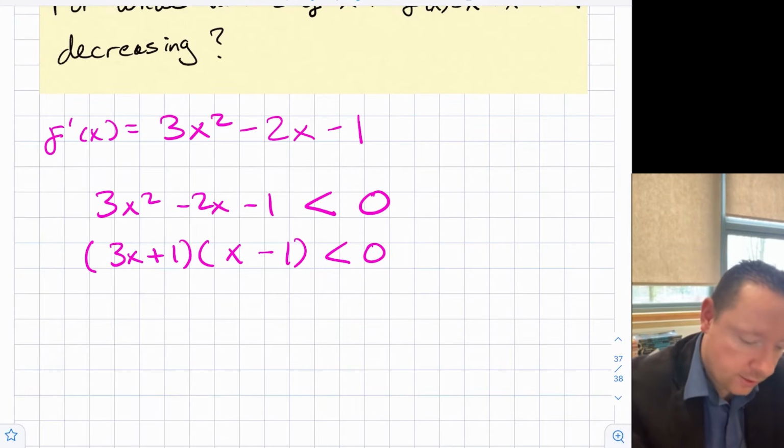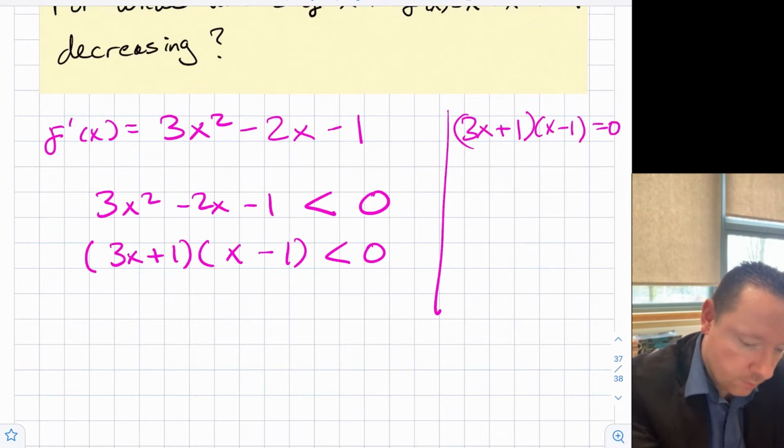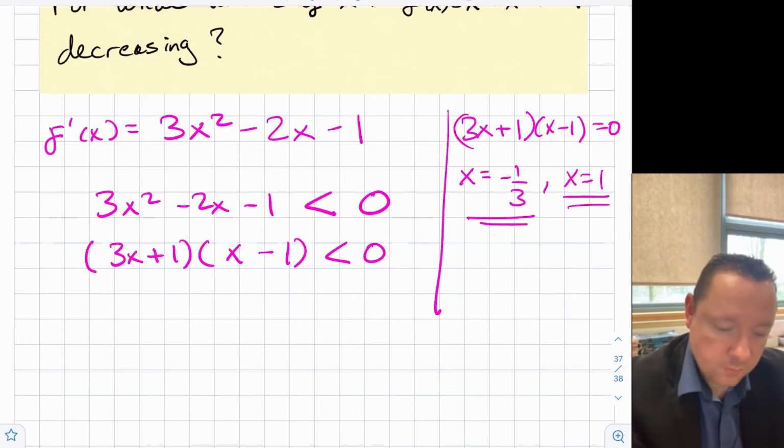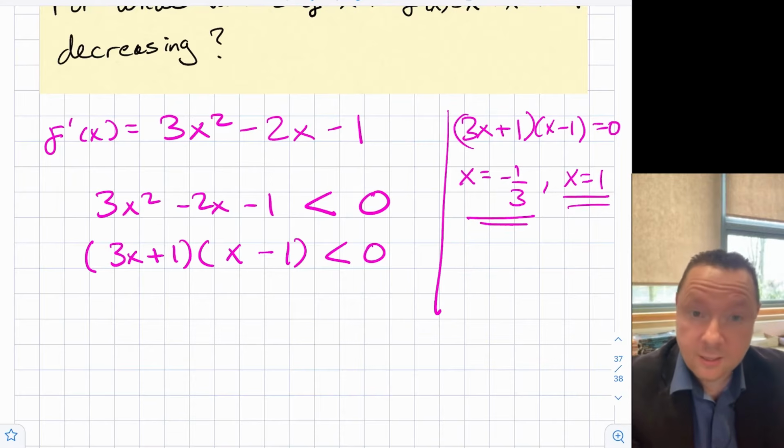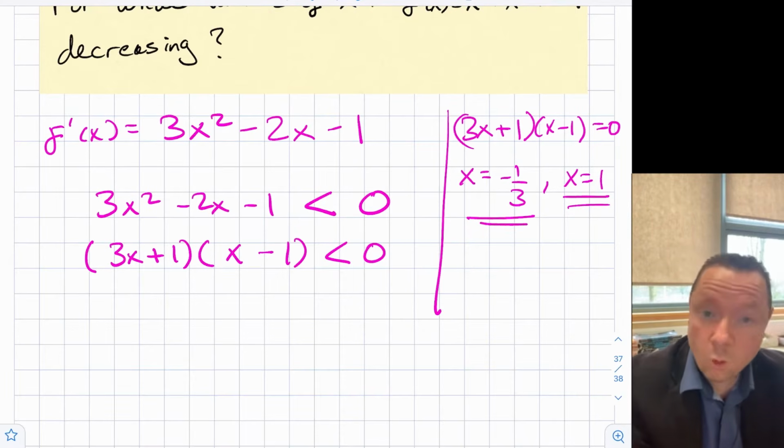So at the side we can say that we're solving that equation 3x plus 1, x minus 1 equals 0 to find the turning points, and therefore x equals minus a third and x equals 1 would be our roots. So we know our roots, so we can just draw a picture to work out when that's less than 0 or more than 0.